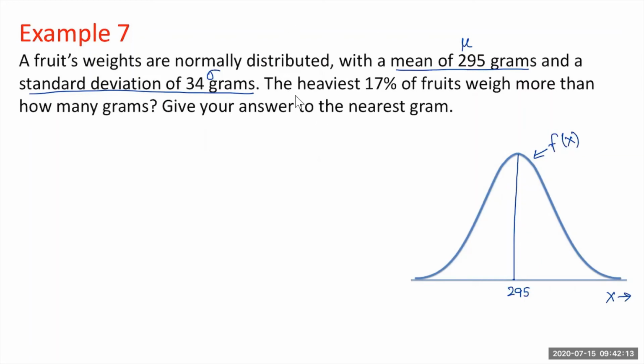Now, the question is the heaviest 17%. When we say heaviest, this is the weight. The lighter weights are here. The heaviest weights increase and go to this side. So the heaviest 17%, the top 17%, will be here. If it is the lighter 17%, they will be on this side.